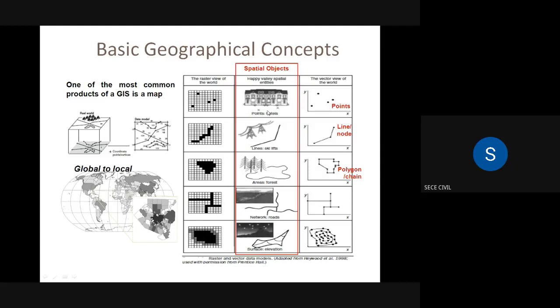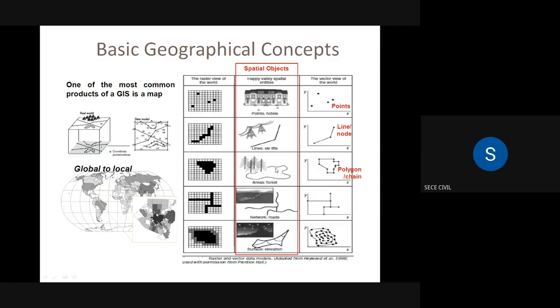The points of the hotels in the raster view will be like this, and in vector view it will be like this. Suppose line nodes: in raster view, in grid form, it is a line node, and it is in the vector view like this.